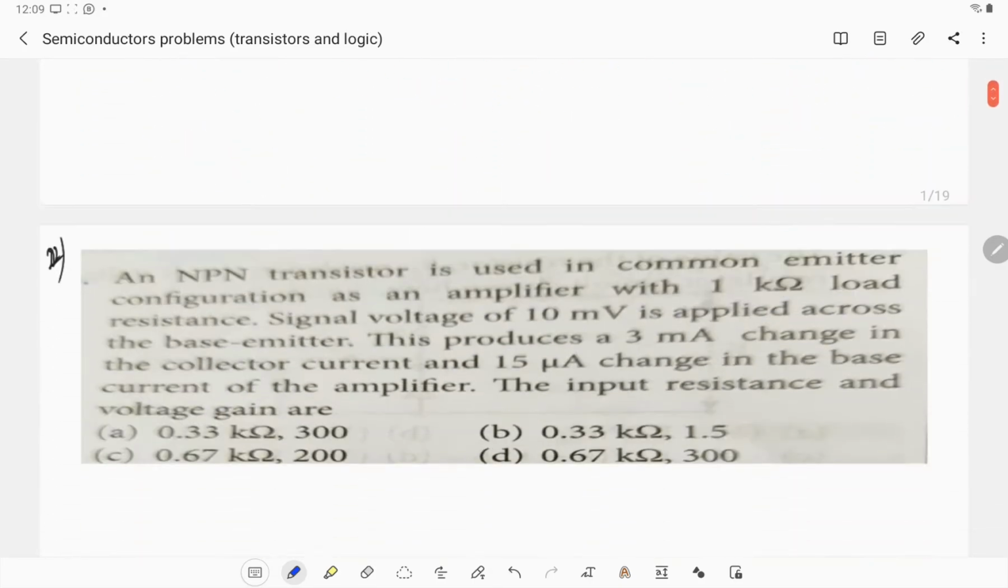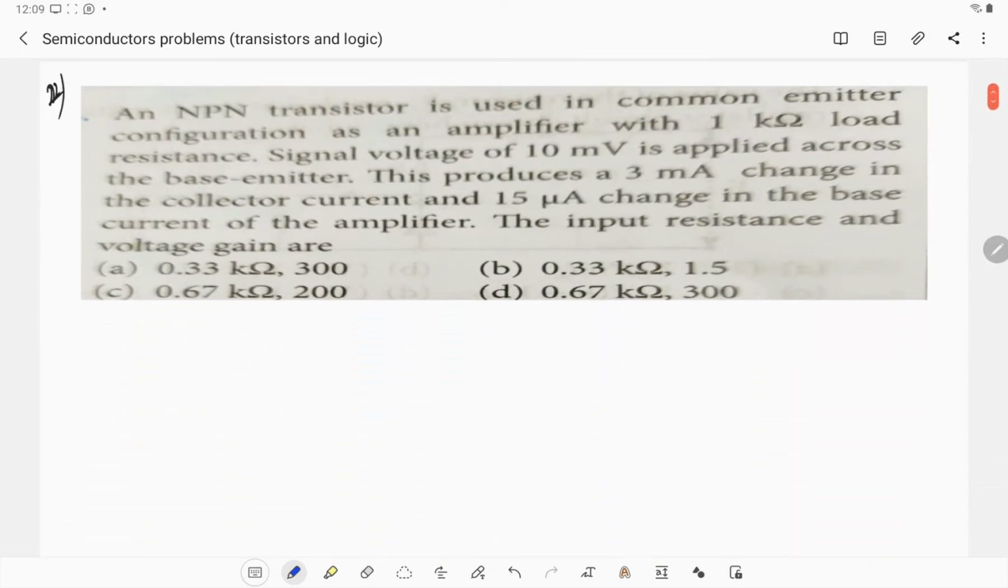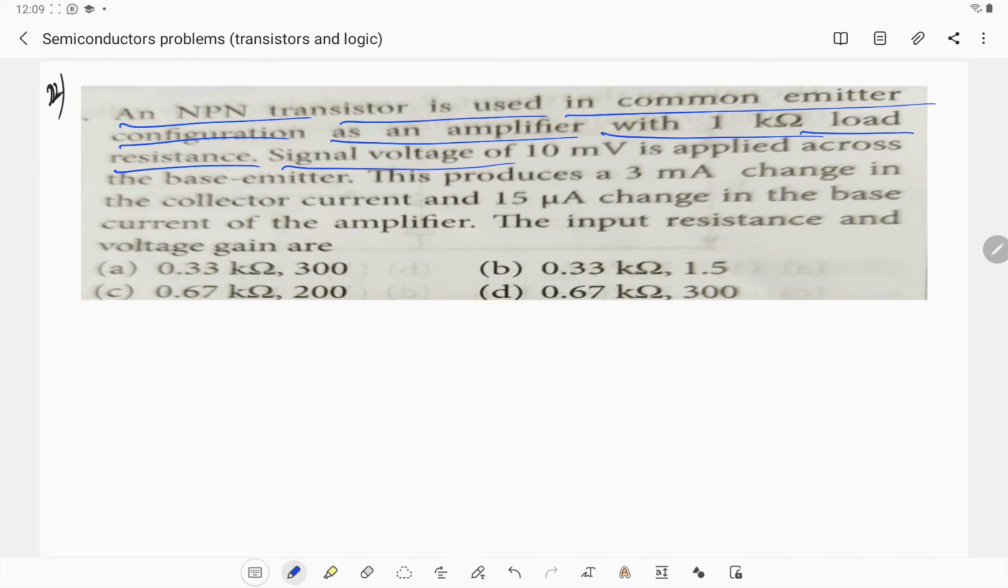This is the first problem. And second problem: an NPN transistor is used in common emitter configuration as an amplifier with 1 kilo ohm load resistance. A signal voltage of 10 millivolt is applied across the base emitter junction.